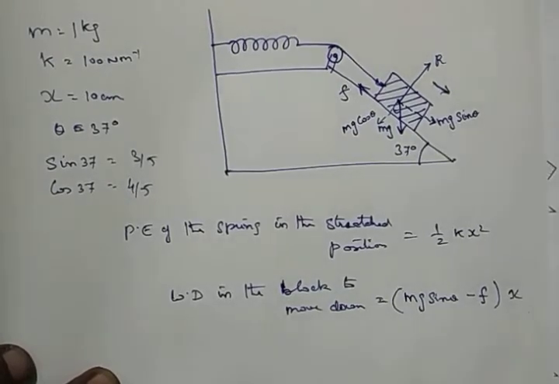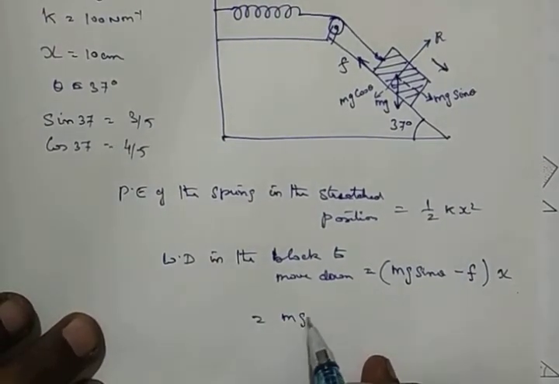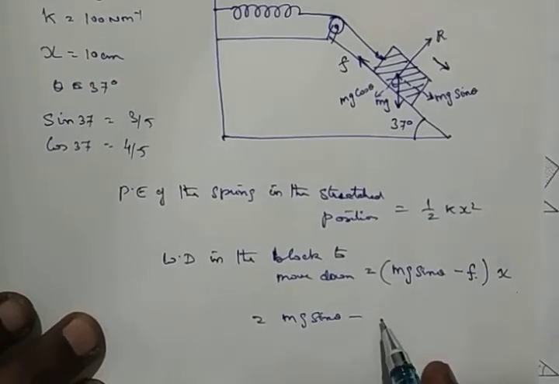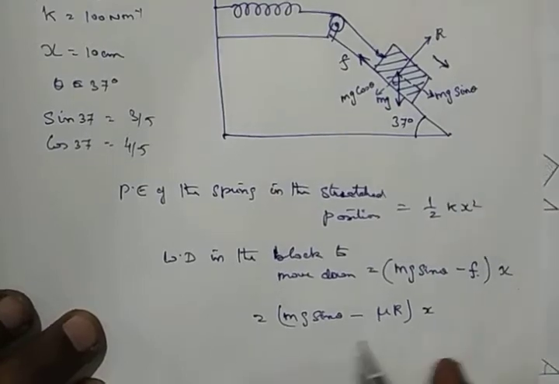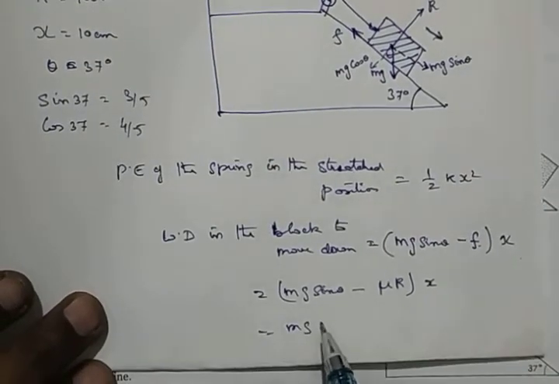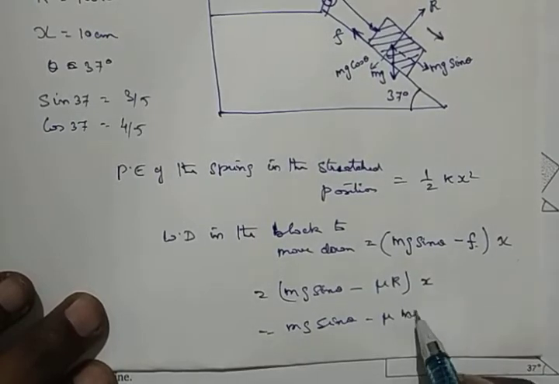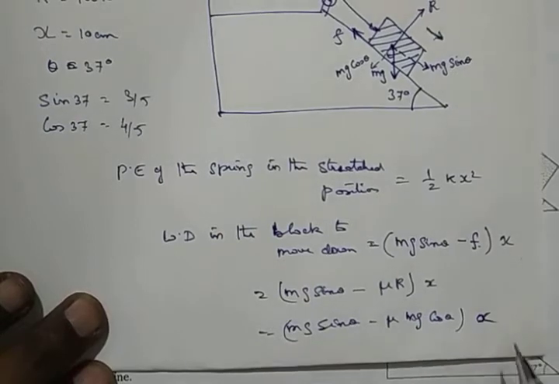Force into distance. Hope you have understood the work done on the block, which is equal to mg sin theta minus, what is the frictional force? It is equal to mu R times x. So mg sin theta minus mu into, what is R? mg cos theta, into the value of x. That is the work done.